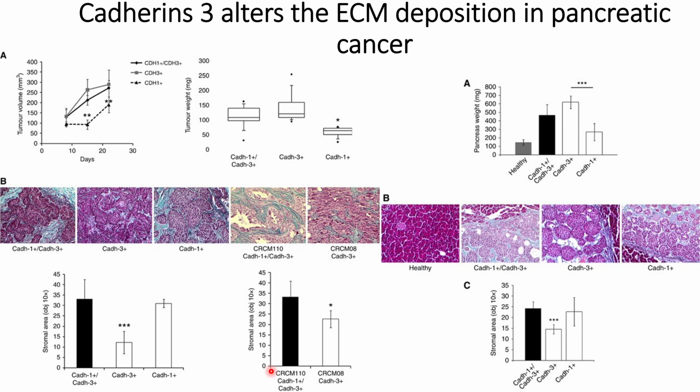Similar things they observed for the primary tissues: when Cadherin-1 is absent, they see a decreased amount of stroma formation compared to the case where both are present. Previously I said that both of them are high, but when we compare CRCM 1110 and CRCM 08, we see that CRCM 08 has low stroma because one of the Cadherins is absent.